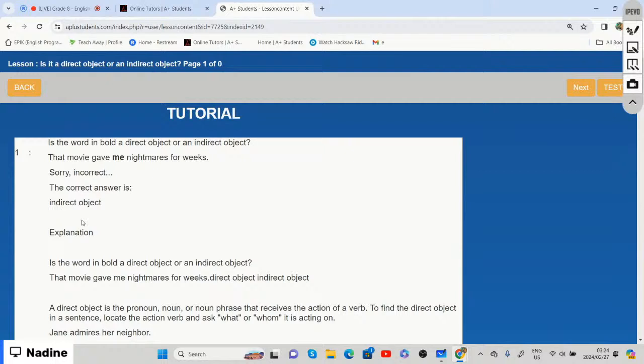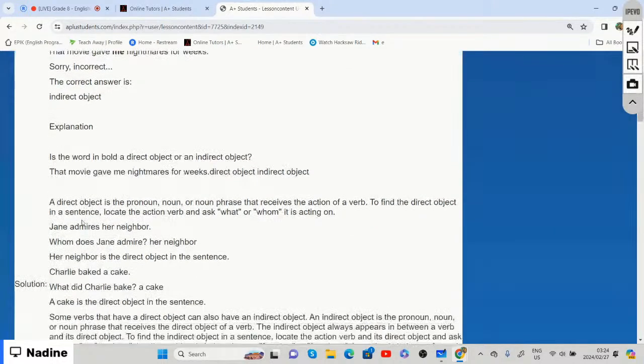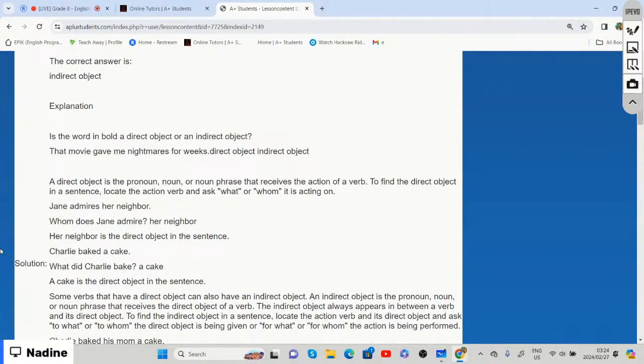So we see that a direct object is a pronoun, noun, or noun phrase that receives the action, and we ask ourselves questions like, what or whom is it acting on?